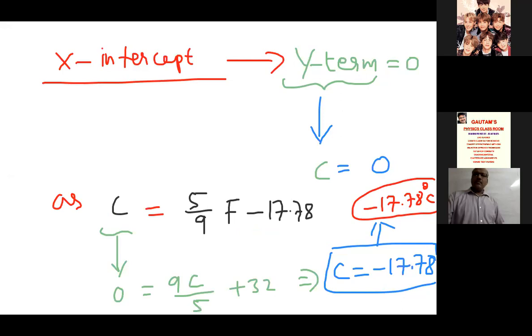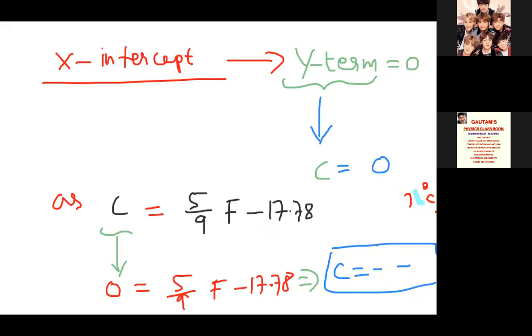Substituting C as 0, 0 is equal to 5 by 9 F minus 17.78, and if you simplify, here I am getting the F value, not the C value, as 32.